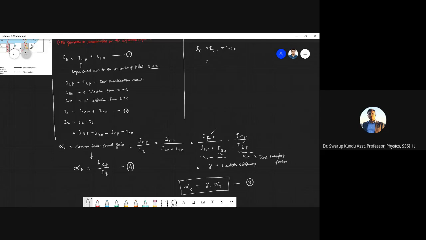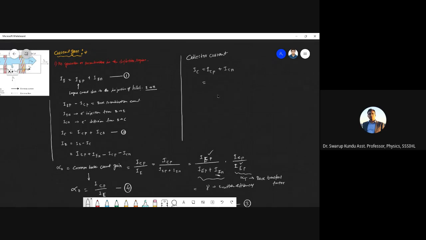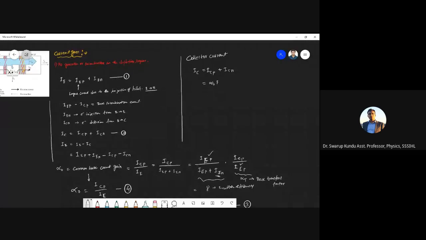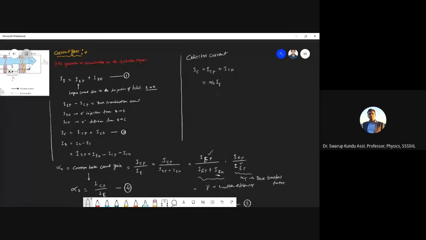I'm just taking it from here. This is our common base current gain, by definition. Now from here, ICP will be alpha naught into IE. So I'll put this one here: alpha naught into IE, plus we have ICN, right?